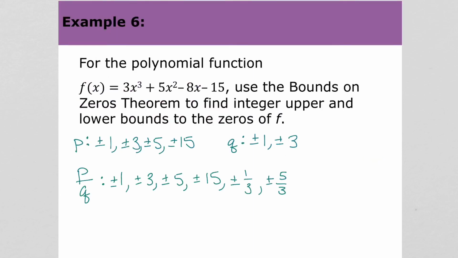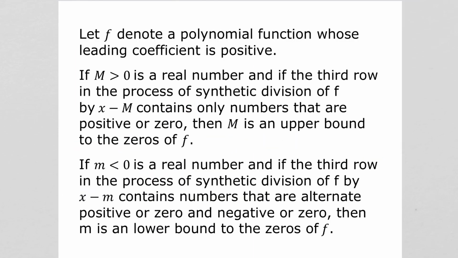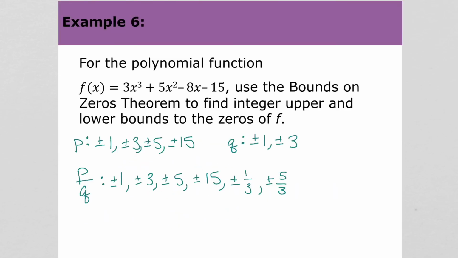Now we need to find the lower bound. So let's go back and read this. If you choose a negative number, I'm reading right here, by the way, and the third row in the process contains numbers that alternate between positive and negative, then m is a lower bound.